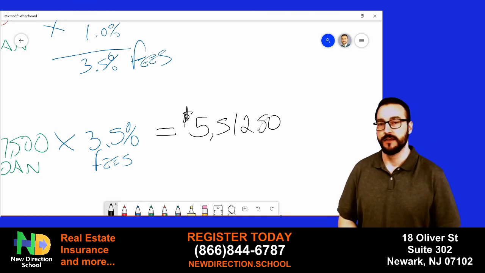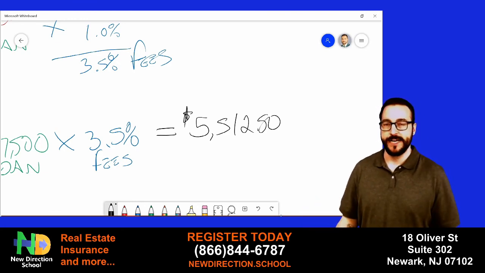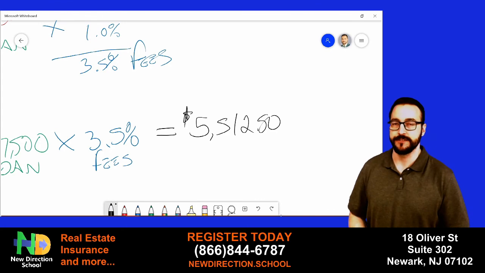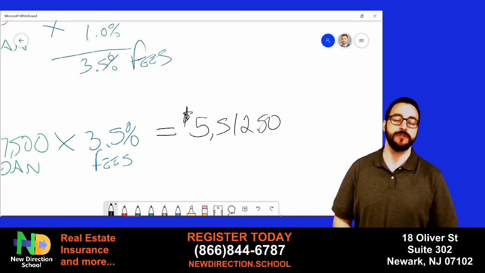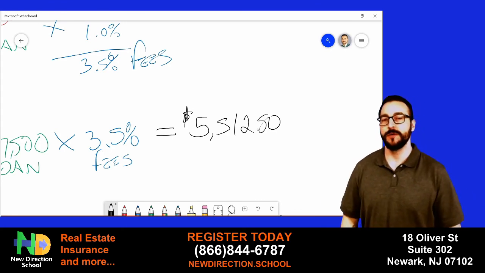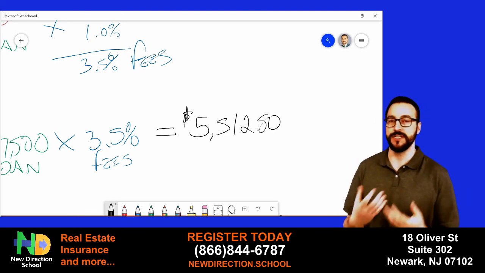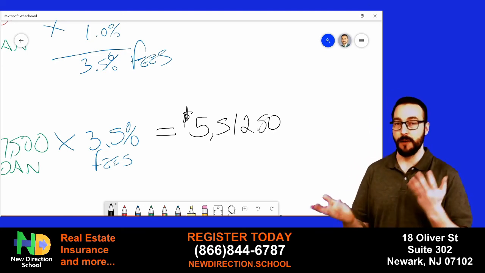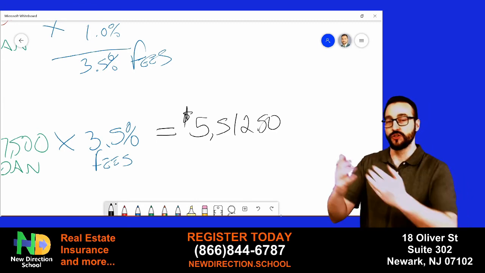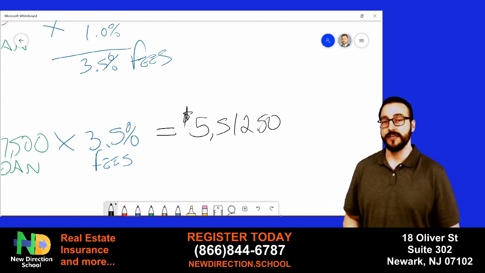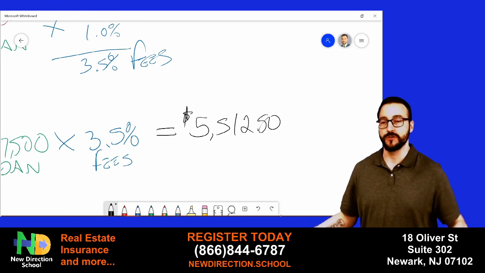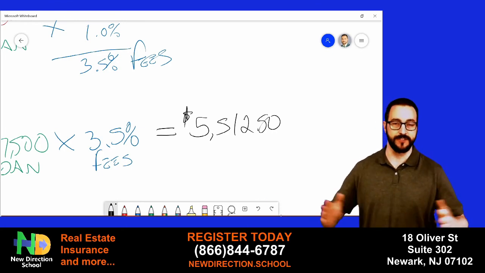All right? So recapping real quick, what are points? It's a percentage of the loan, not the purchase price. Why would we pay points? Because we're trying to redeem a certificate. That point is a certificate, let's say, to reduce the interest rate for the lifetime of the loan. So we're prepaying interest for the lifetime of the loan.